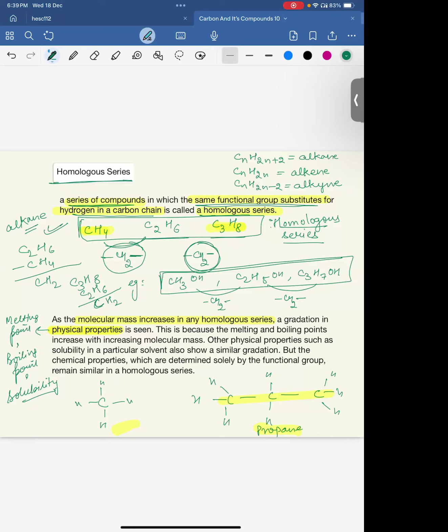But the chemical properties, how they react: how methane reacts, how propane reacts, how methanol reacts, how propanol reacts. Is this change in the number of carbons going to affect the chemical reactions?